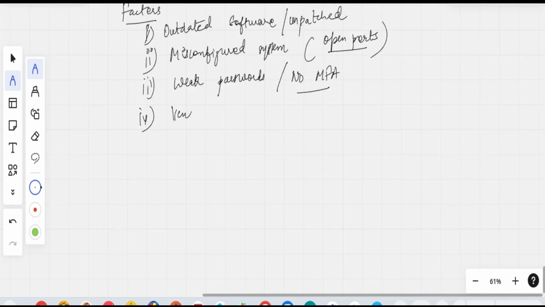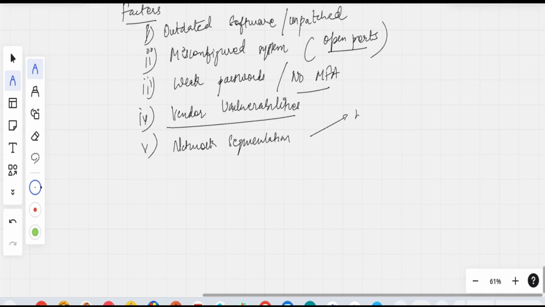The next would be vendor vulnerability: you have third-party software and your vendor is unable to identify a vulnerability, which could then be identified by the attacker. The last one is network segmentation. The easiest example is that you have your LAN network and you also have your Wi-Fi network.